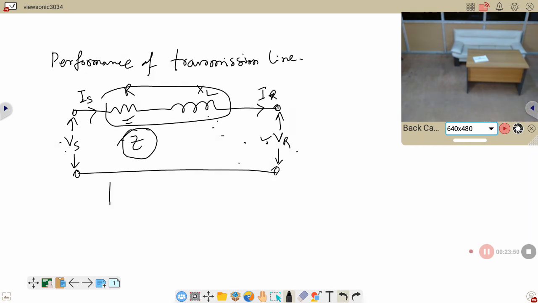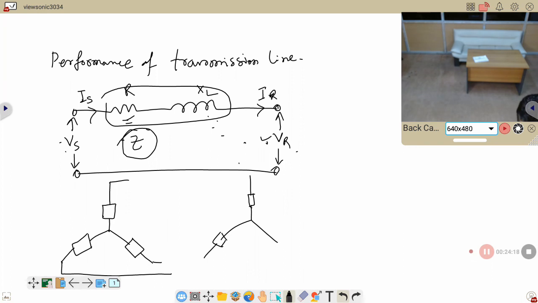If I consider this is the 3-phase input, and this is the 3-phase output terminal, red, yellow, blue, red, yellow, blue, so you connect.